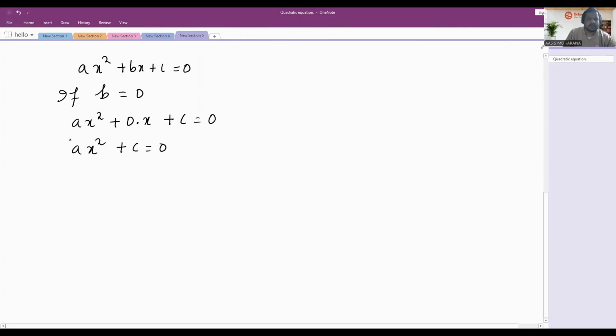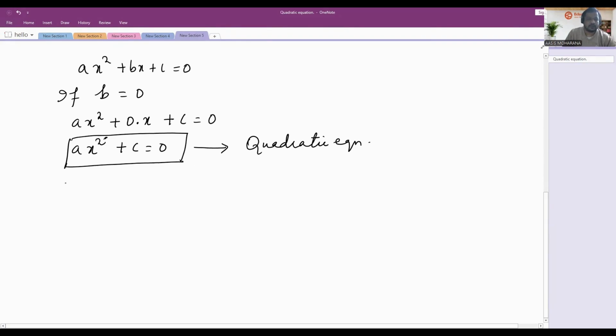Here in this case, what is the degree of the equation? Degree of the equation of single variable x is 2. So it is a quadratic equation.